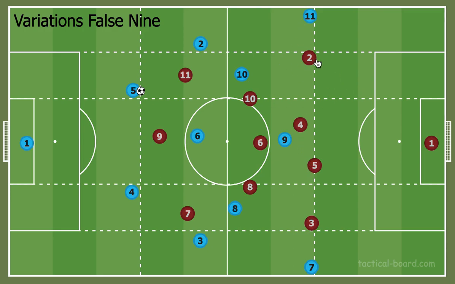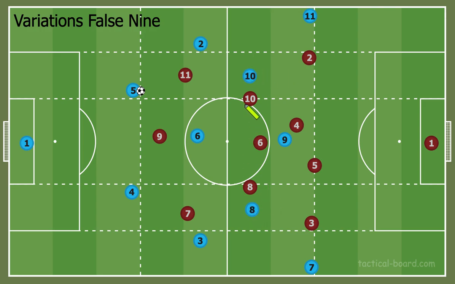But it can also lead to some offensive advantages, and that is just a staggered back line is easier to break, and now it's easier to manipulate. Like we said, deep lying runs can be more useful.